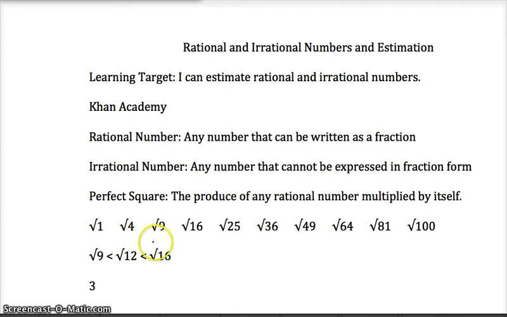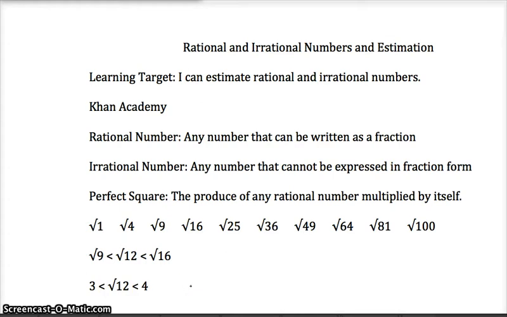We know that that's 3. And then we keep our signs the same. We don't know what the square root of 12 is, so we just leave that in square root form. And we know that the square root of 16 is 4. So we know that the square root of 12 is somewhere between 3 and 4.